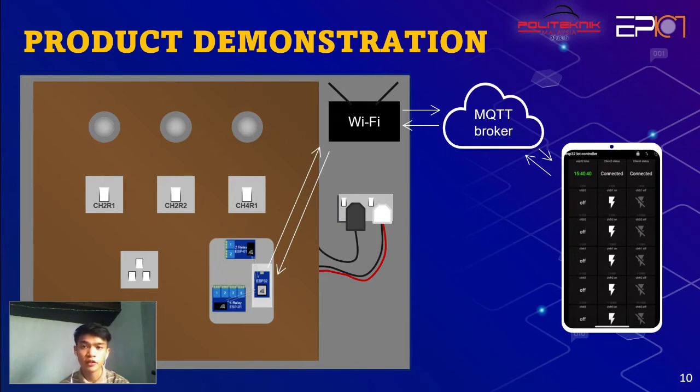Okay, I will be explaining a bit inside of our product. As you can see here, this is the product. We can actually place this relay at another room, but in this project we just use one because it's very hard to display. So what does this project do?